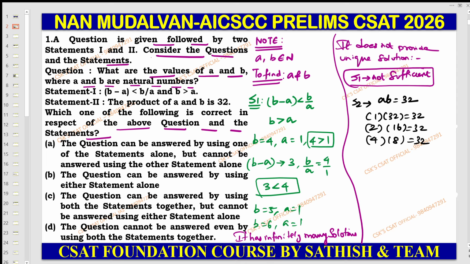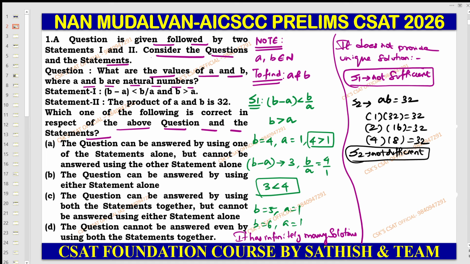So you have 3 options here. You can't say the values of a and b, right? It doesn't provide a unique solution. It has multiple solutions. Therefore, statement number 2 also is not sufficient. Alright, individually they are not sufficient.